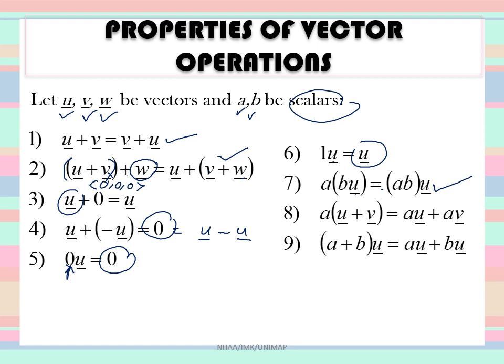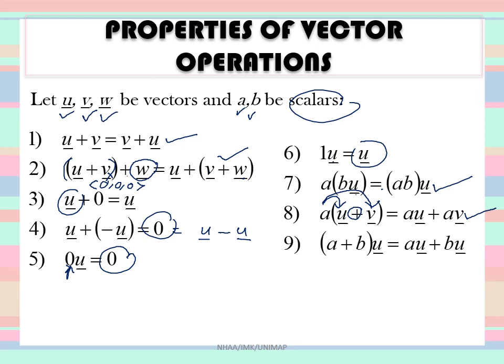Next, if you need to multiply a scalar a to the summation of vector u and vector v, you can expand the bracket by multiplying scalar a to vector u plus the multiplication of a to vector v. Or you can solve u plus v first and do the multiplication later. That is also fine.